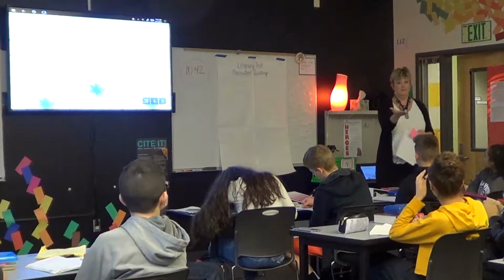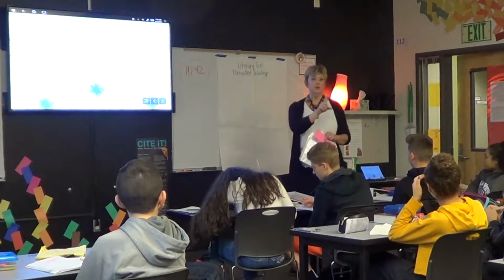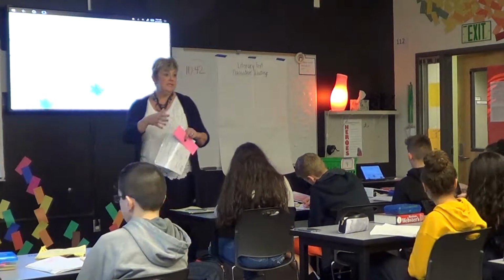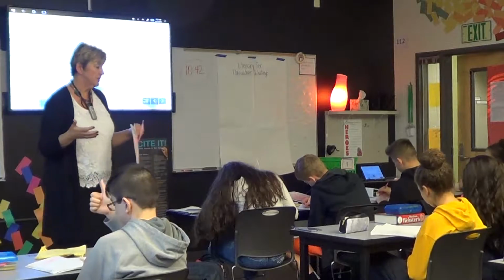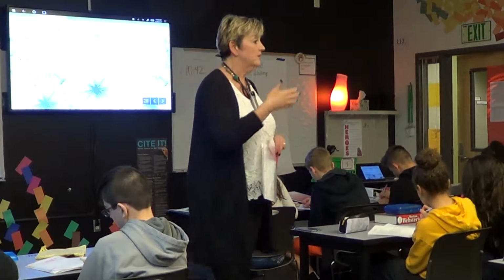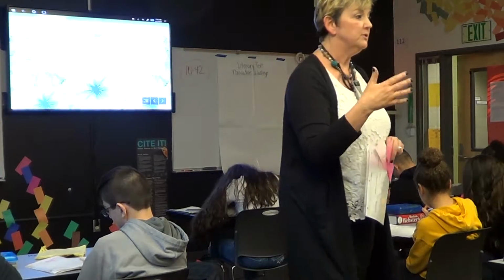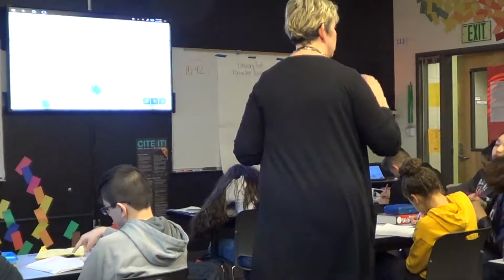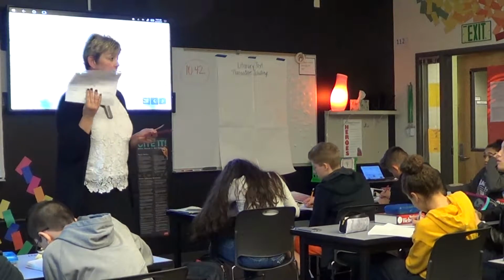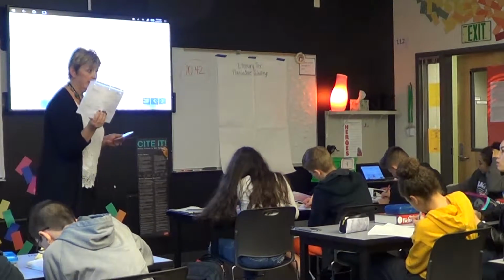The character. Character, yeah. So in the exposition, you establish the basic situation. You are giving your reader the setting information and the character information. It's the introduction to the plot. This entire thing is called a plot chart. You're charting the plot. These are literary elements.